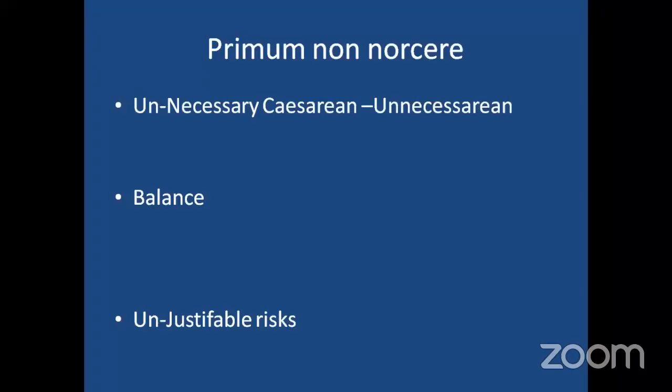The risks should be justifiable. So that is what primum non nocere means. When we come to cesarean section, each of us obstetricians should think along these lines. Is it necessary to do a cesarean section? Are the risks of doing a cesarean section justifiable? And strike a balance between the two and decide for a cesarean section.